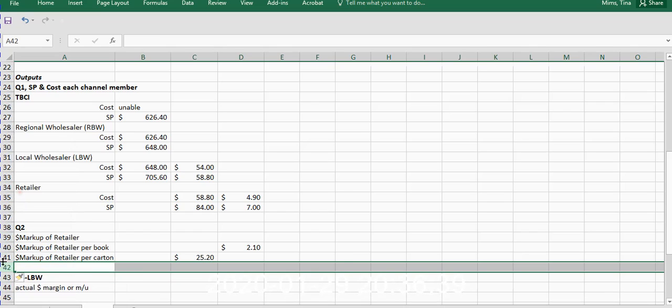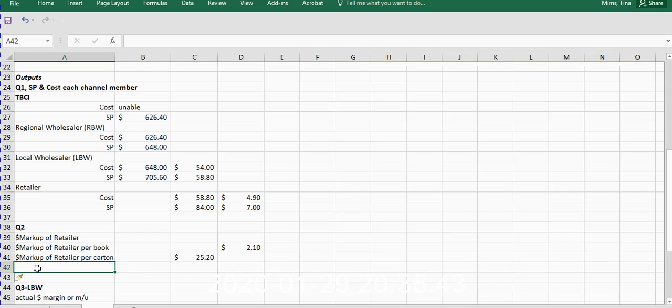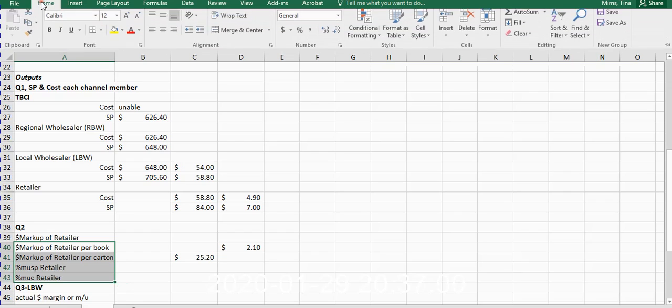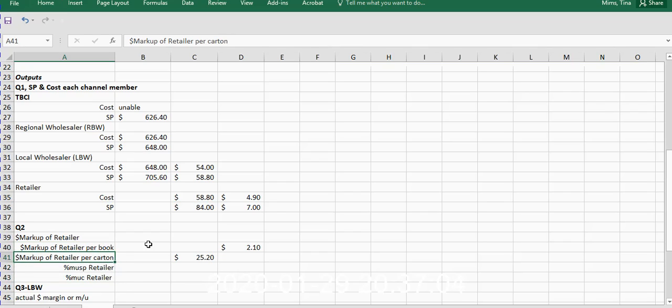Okay. We have two more answers we need to give for Q2. We need the percent MUSP on retailer, and we need the percent MUC on retailer. Okay? How about if we take these four lines here to make them really neat and line them up to the right? Okay, so what do we have to do here?